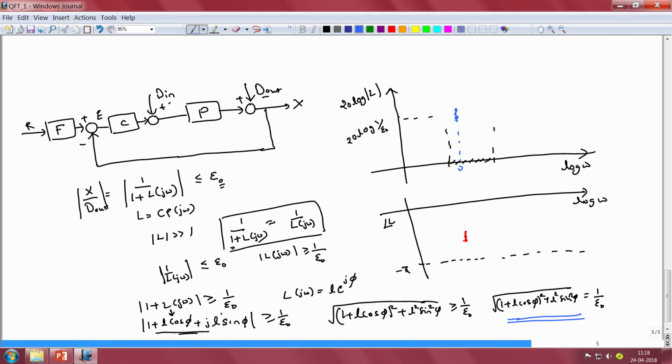Now, I have a continuum of angles and corresponding to that I have a continuum of magnitudes at which this equation is met, and beyond which this inequality that I am now underlining with the blue marker is going to be met. So, all these blue dots are going to essentially merge together when we are trying to represent them together, and they are going to end up coalescing and becoming a band, and likewise all these red dots are going to merge together and end up looking like a band.